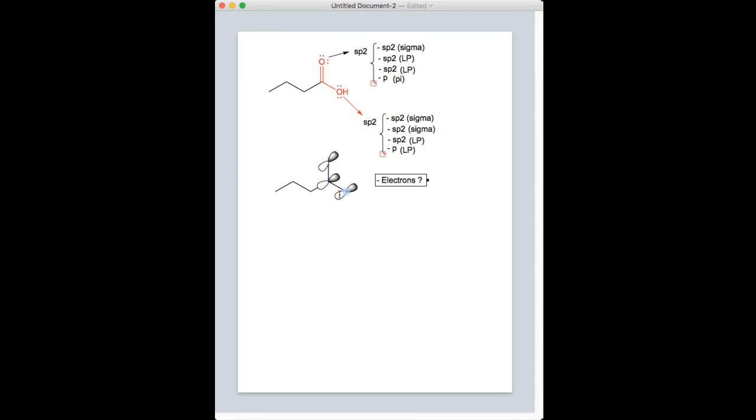And how many in this p orbital, the last one? 2 electrons, because that p orbital has a lone pair. We just did the orbital picture for each oxygen here. So the total number of electrons is 4 electrons in p orbitals.